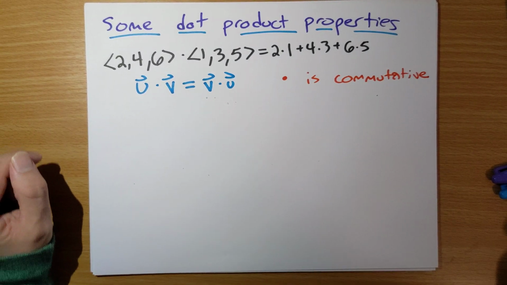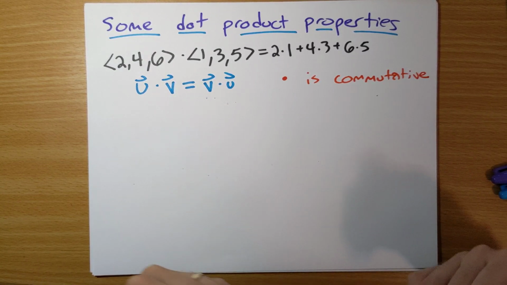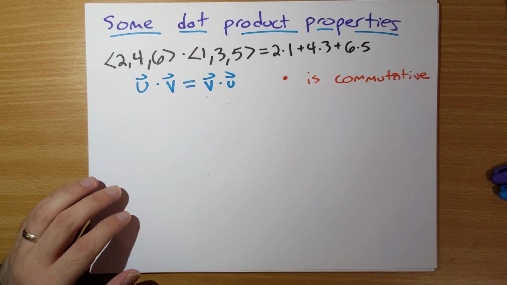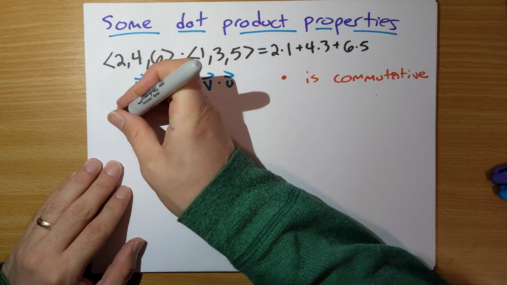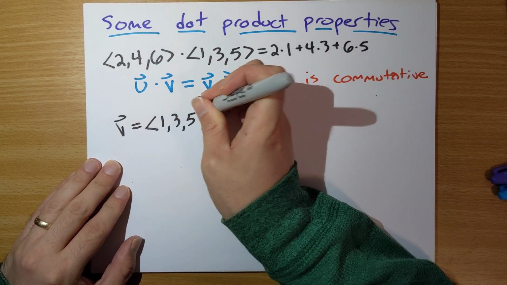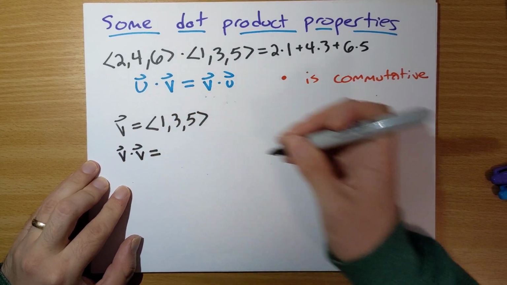Another thing worth doing is seeing what happens if we take the dot product of a vector with itself. Let v be 1, 3, 5, and we do v dot v.